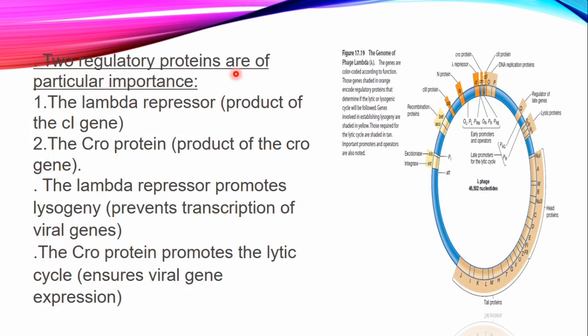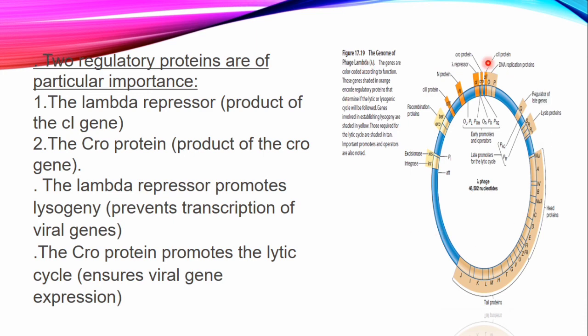Two regulatory proteins are of particular importance: the lambda repressor, the product of the cI gene, and the Cro protein, the product of the cro gene. The lambda repressor promotes lysogeny and prevents transcription of the viral genes. The Cro protein promotes the lytic cycle.